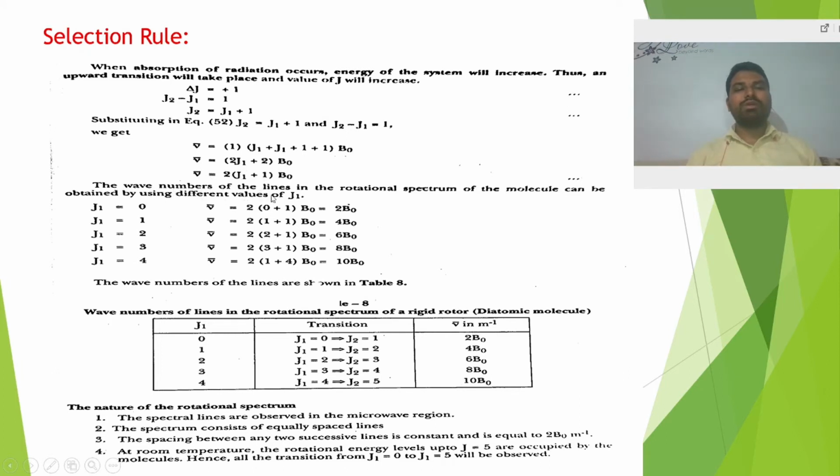The wave numbers of lines in the rotational spectrum of a molecule can be obtained by using different values of J1. If J1 is 0, then substitute the value 0 in this equation. What will we get? 2B0, 4B0, 6B0, 8B0 and 10B0. For J1 equal to 1, it will be 4B0, J1 equal to 2, it will be 6B0. The wave numbers of the lines are shown in table 8.